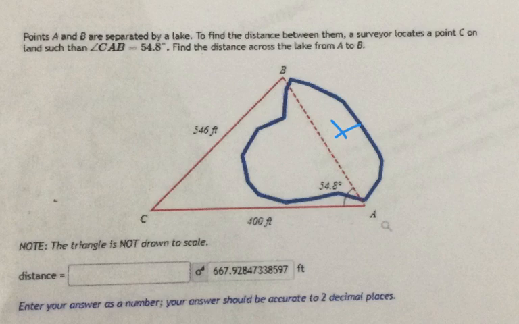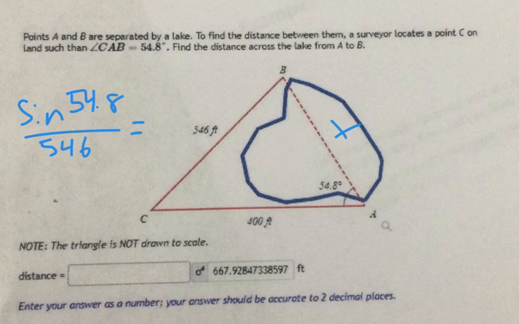And this time I have a pair that I know: sine of 54.8 over 546 must be equal to. Ideally, I would like to use this side, but to use this side, I would need to know this angle. Well, can I find that angle?